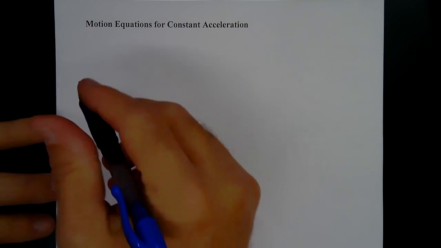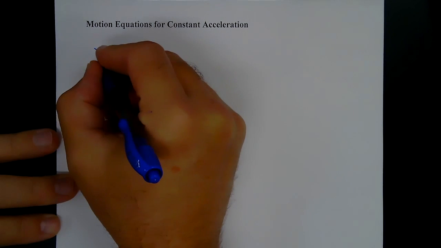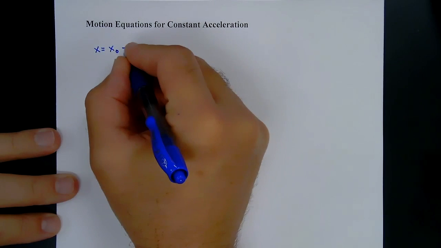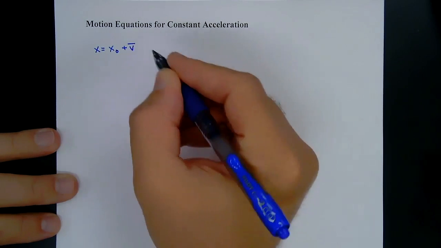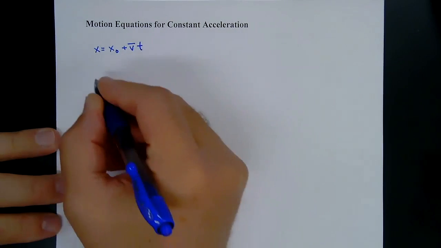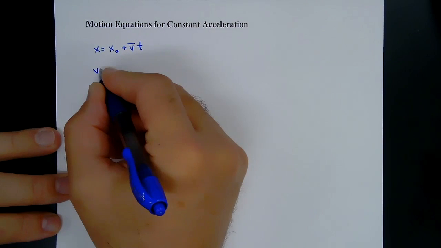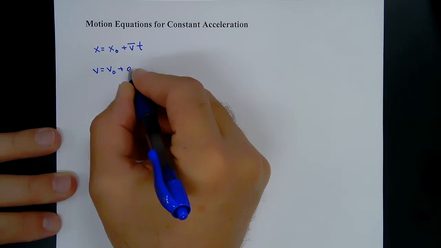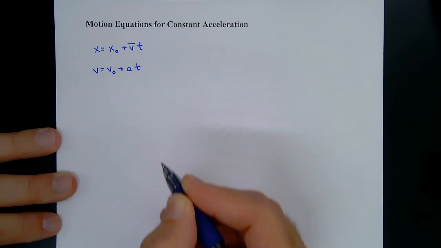So going over all these motion equations, I want to put them all together on one page so you can pull this up and look at it when you start solving these problems, okay? So the very first one is we know that x is equal to x sub o plus the average velocity times time. We also know the final velocity is equal to the original velocity plus the acceleration times time, all right?